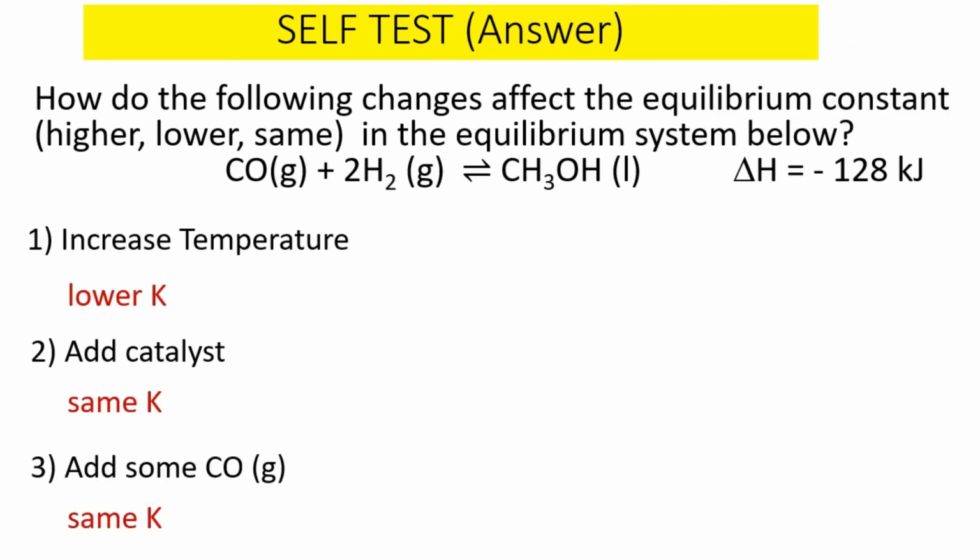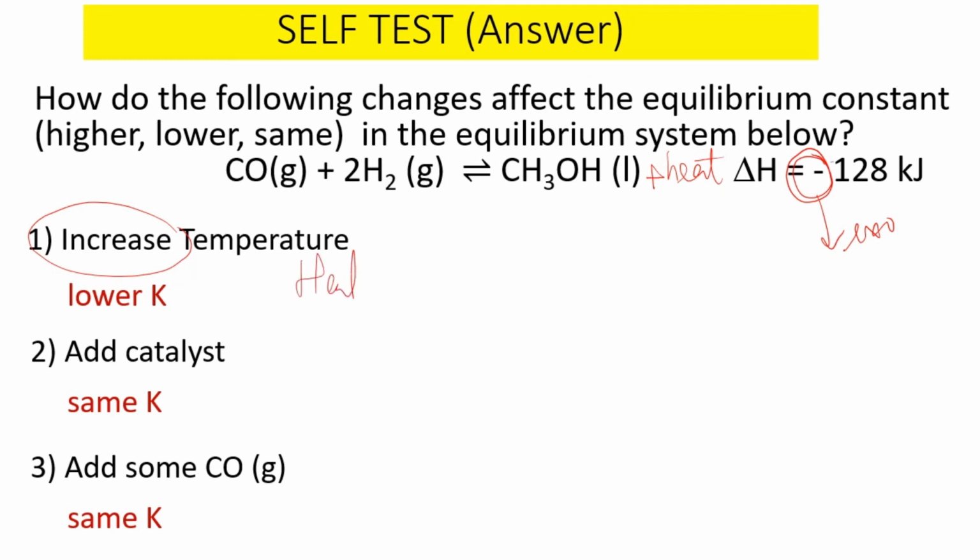So this is the answer. Let's look at this one. We have an exothermic process. Exo means heat is released as a product. So we put the heat here first to see clearly. It means you don't like the heat. You don't want to throw away the heat in the reaction. So if you increase temperature, it means a lot of heat, right?